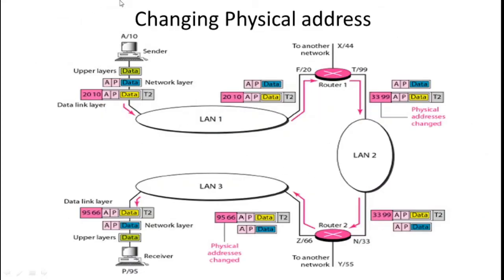So imagine this computer with physical address 10 forming its own data, and in the network layer this is the logical address of A, and P is the logical address of the destination computer.